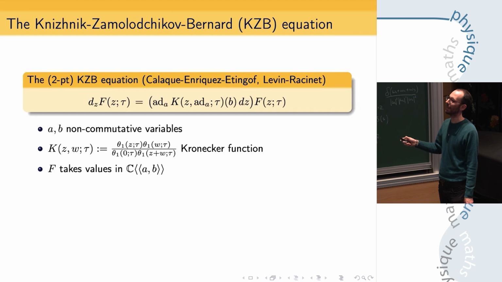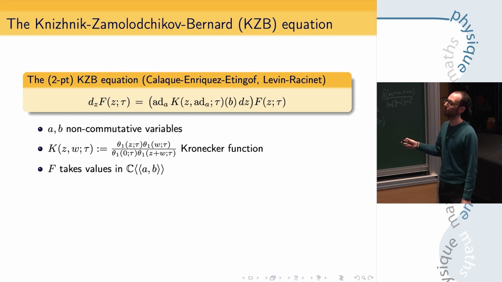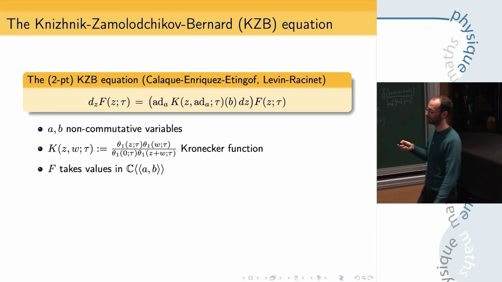So you will have some ad^n A applied to B. And then you can look for a solution. So this is now replacing the KZ form. And F is the solution you're looking for. It will depend not only on z, but also on tau. But I want this d to just be the differential in z.